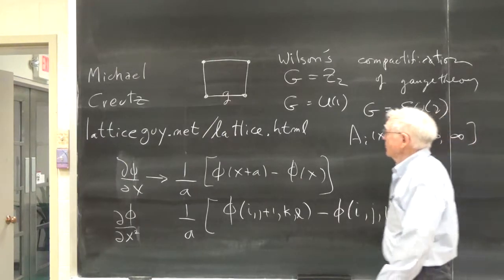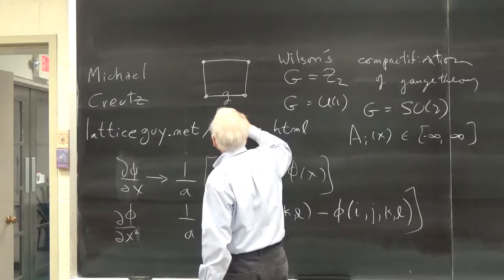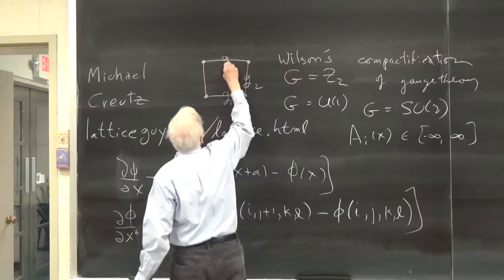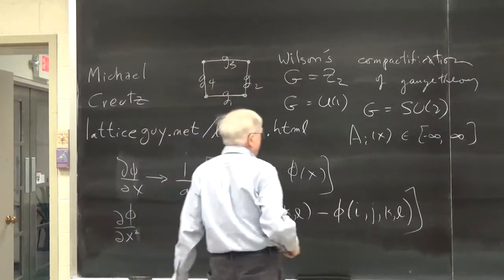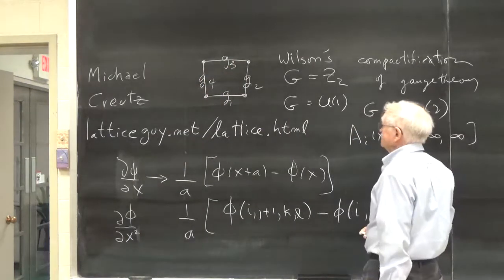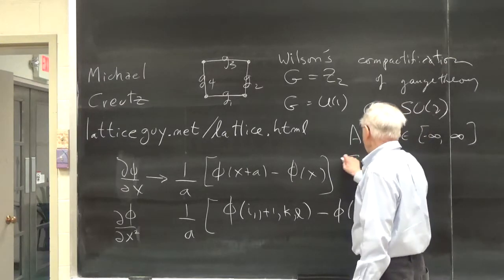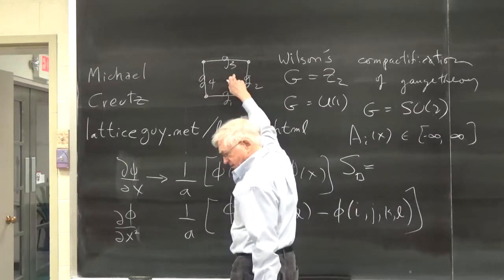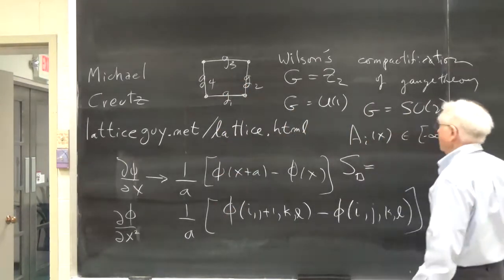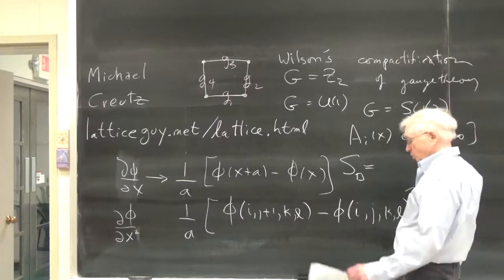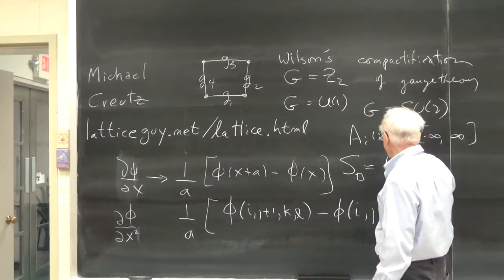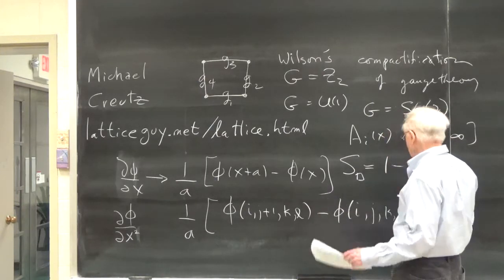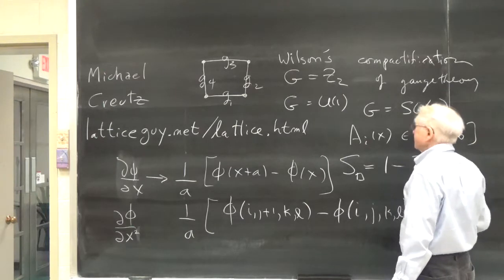And so what you do is you put a group element on each link, G1, G2, G3, G4, and now the action would be the action of that. This is called a little square, and they use the French word plaquette. I guess it's better to have one word than 2 words. Anyway, this is 1 minus the product of these group elements, or it's actually the trace of the product of the group elements.